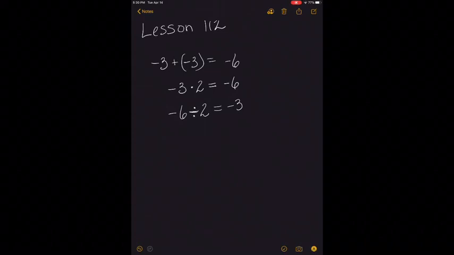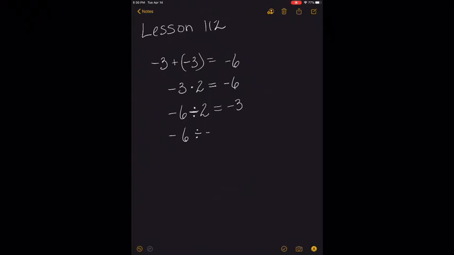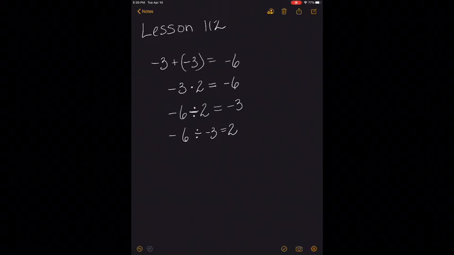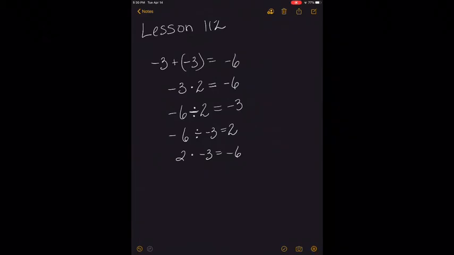It's kind of easier to see multiplication and division rules of signed numbers when you look at them as fact families. So then how about negative 6 divided by negative 3? Well, that's got to be positive 2. It's part of our fact family, right? And then, of course, 2 times negative 3 will equal negative 6.